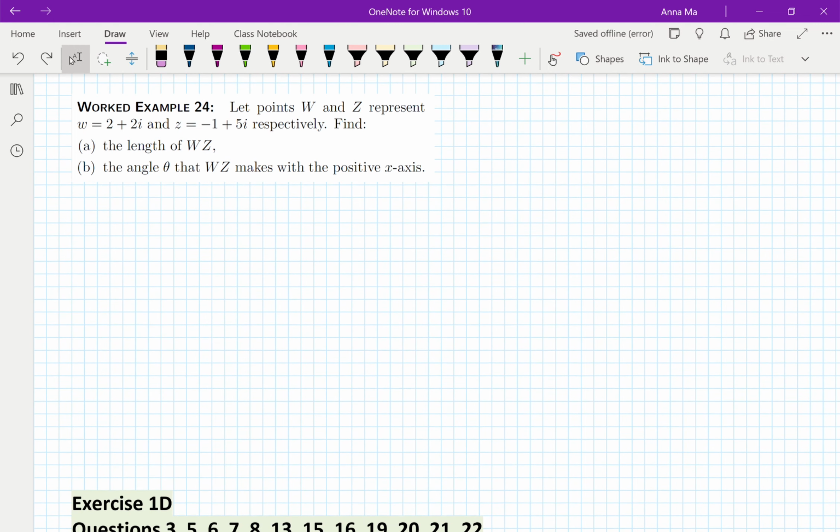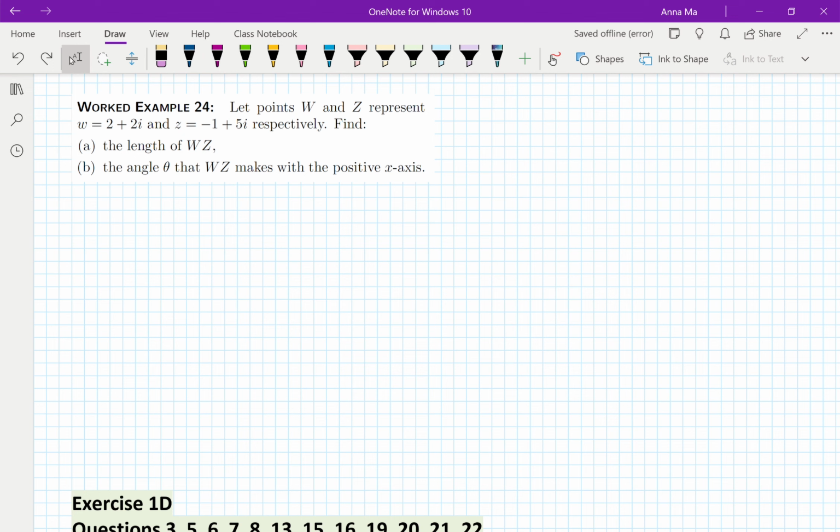So keeping that in mind, let's try the last example. Okay, example 24. Let points W and Z represent the given complex numbers, and we're going to find the length of interval WZ and the angle theta that the interval makes with the positive x-axis. So let's have a look.